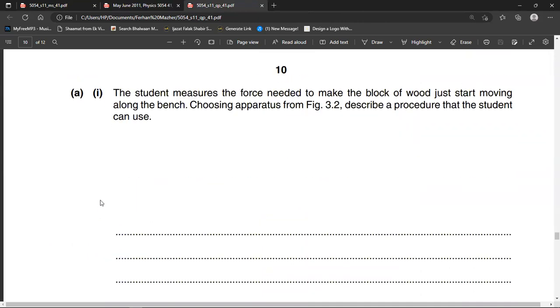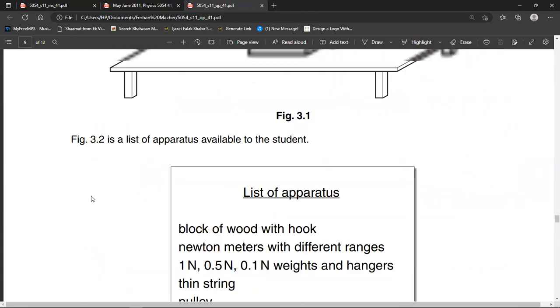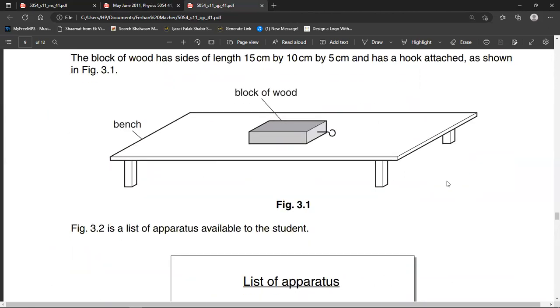The student measures the force needed to make the block of wood just start moving along the bench. Choosing apparatus from figure 3.2, describe a procedure that the student can use. Okay, so I think that I can use a string.